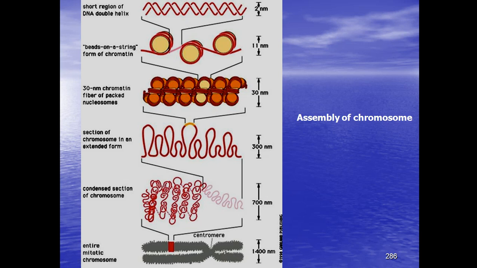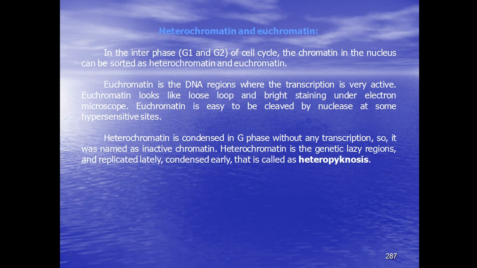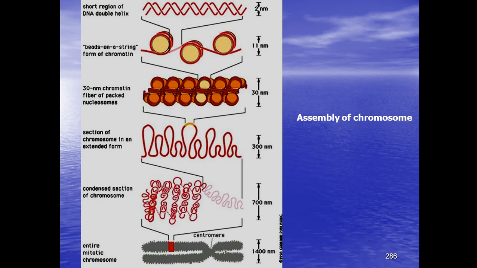Then during the cell division, the chromosomes or what you call chromatin fibers are folded, then it becomes the chromosome in the last one which is about 1400 nm. It started with 2 nm and ends in the formation of a chromosome which is 1400 nanometer. This is how chromosomes are assembled.